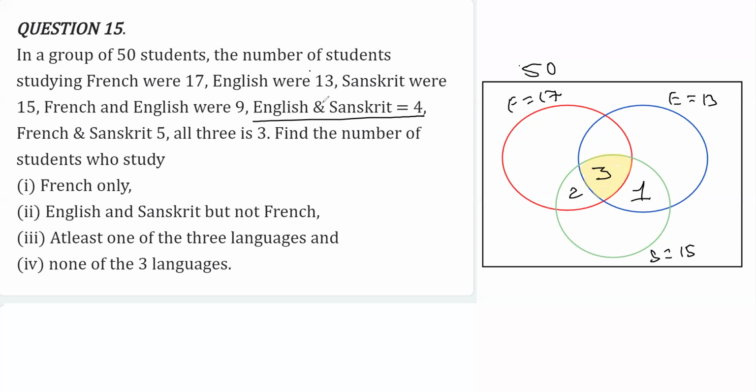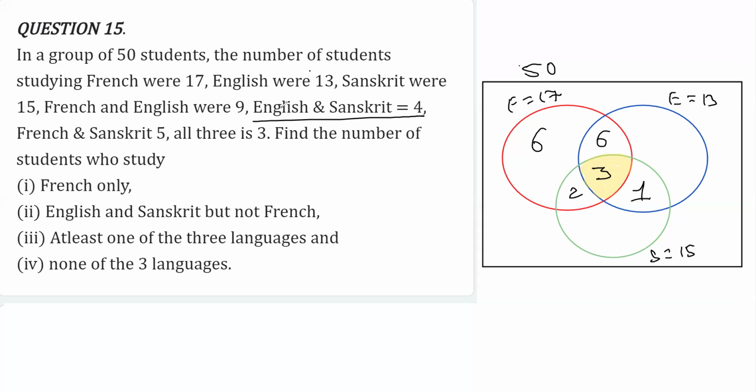Further, if you go below, French and English is 9, so 9 minus 3, which is 6. Now we can find only French: 17 minus the sum of these 3. So 17 minus 11 is 6, that is 6 plus 3.